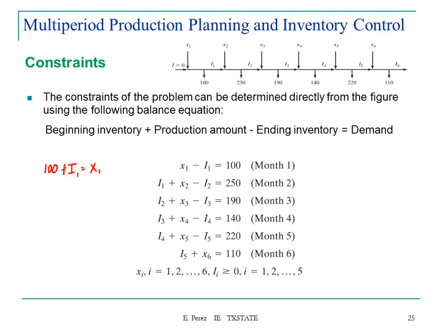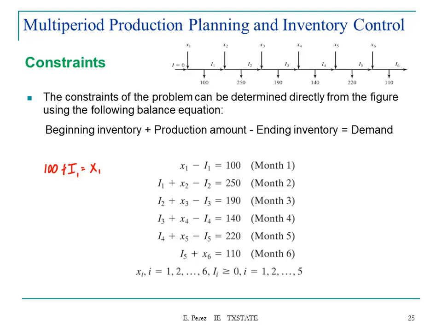So I need to know if that makes sense. Is that clear? So you have to take each case independently. So in this case, you have no inventory, so that's why you only have two decision variables. But here you already have this coming from the first period, your production, and also the inventory that you're carrying to the next time period. So that's why we have three decision variables here. Okay?